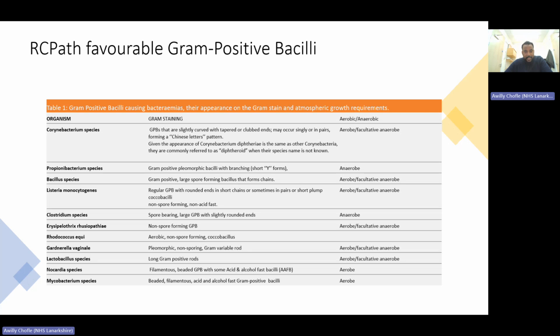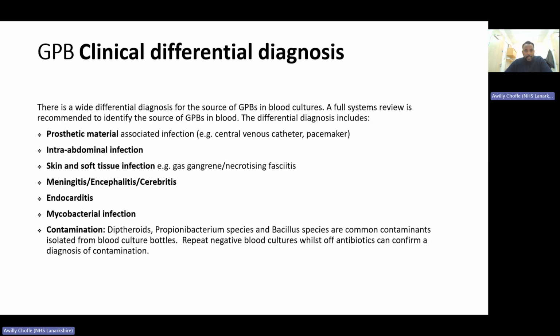It's just to tell you, don't ignore them, read them thoroughly, and read through all their characteristics. I've tried to put together the gram-positive bacilli and the clinical differential diagnosis.